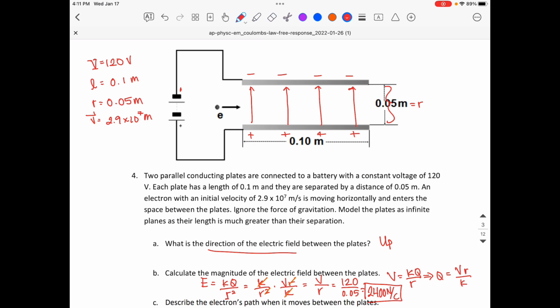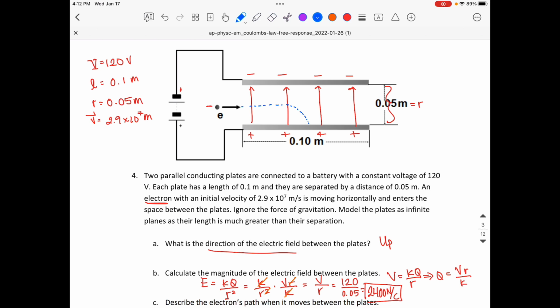So if my charge is an electron, that means it's got a negative charge to it, and negatives repel the negative plate and attract the positive plate. So if I'm going to travel to the right with a constant velocity, I'm also going to experience a force downward, attracting the positive and repelling the negative.